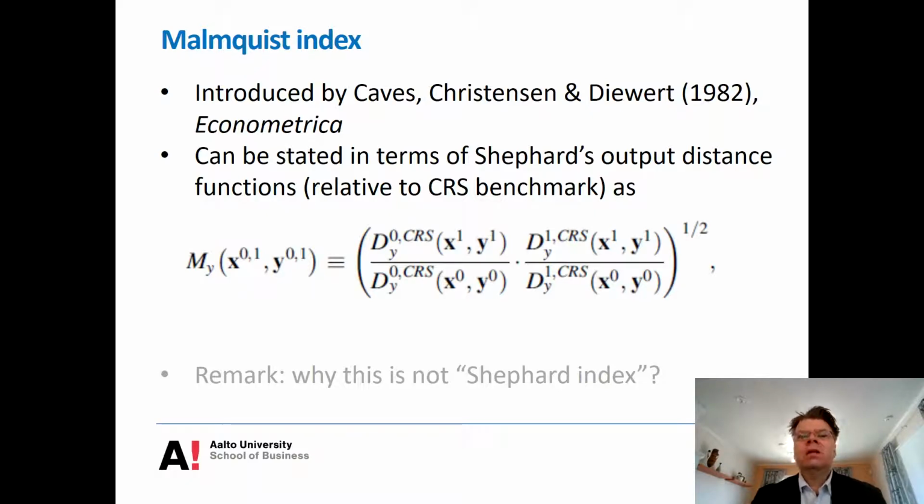I've read this original paper of Malmquist. Malmquist is actually measuring distance in the commodity bundles of the consumer. So it's in the consumer setting, and he measures differences between some indifference curves of the consumer.